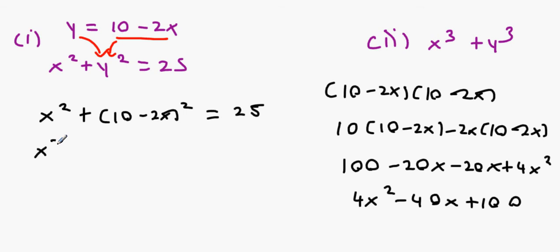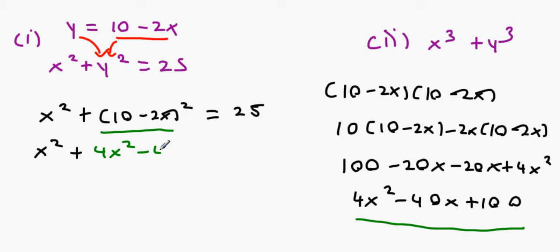So x squared plus 4x squared minus 40x plus 100 equals 25.